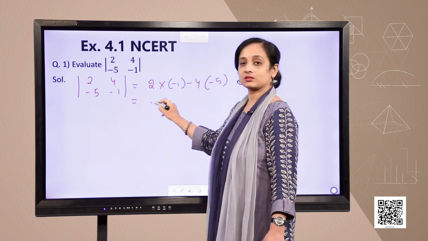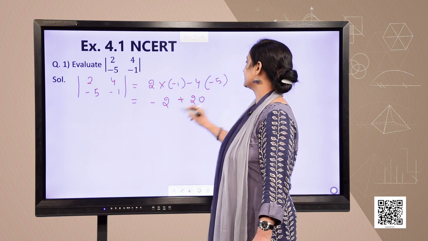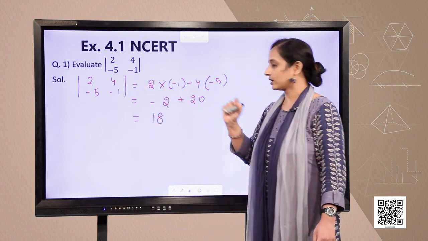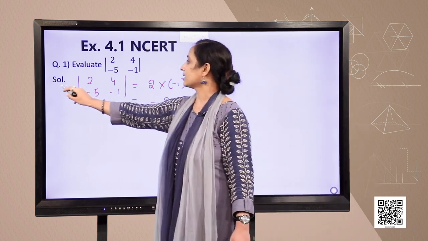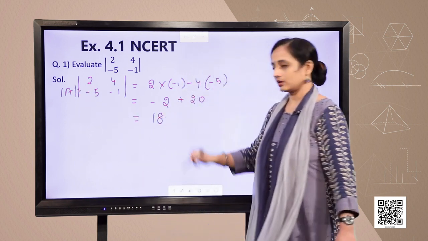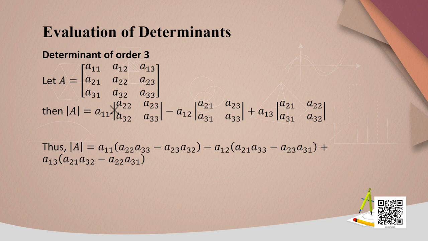When you simplify this, this becomes minus 2 plus 20. This is giving you plus 18. So, that becomes the answer, determinant A. You can also write this as determinant A. So, determinant A is giving you value 18. Now, let us learn how to evaluate determinant of order 3.